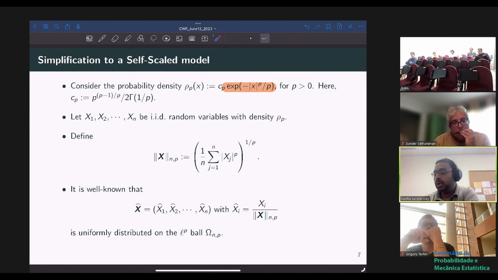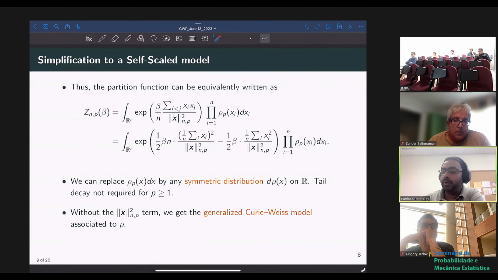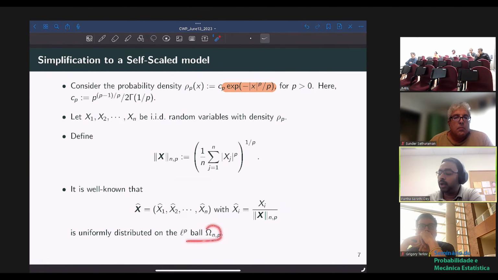Much more is known, but once this is known, we can actually simplify the model. Instead of restricting to the surface of the sphere, we can convert it to R^n, but then each of the x_i should be replaced by the scaled version. Remember that to get a uniform measure, we have to scale x_i by the corresponding norm. This is not the usual LP norm, just the average LP norm, with 1 over n there, but otherwise it is the same.